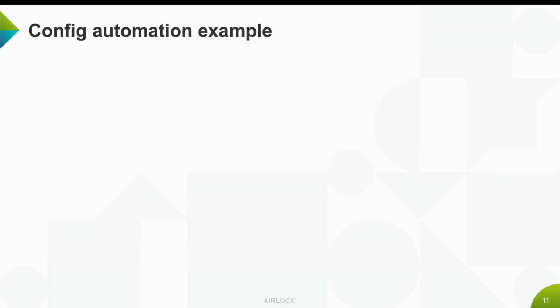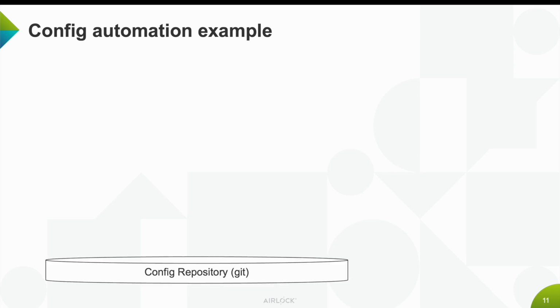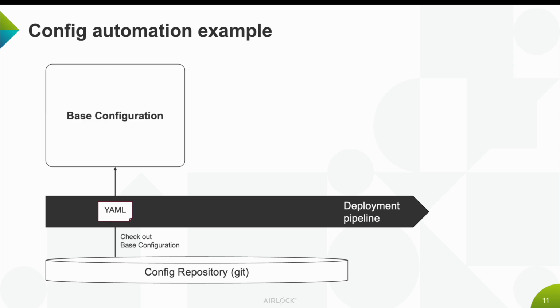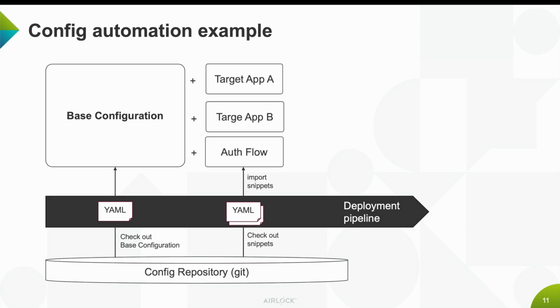So if you put that all together, you could do something like in the following example. You could, for example, store your IAM configuration and snippets and code used to manipulate and put together a configuration in a repository. Then use a deployment pipeline, which checks out, for example, a base configuration, which could form the basis of all your configurations with the main stuff put together and configured as you like.